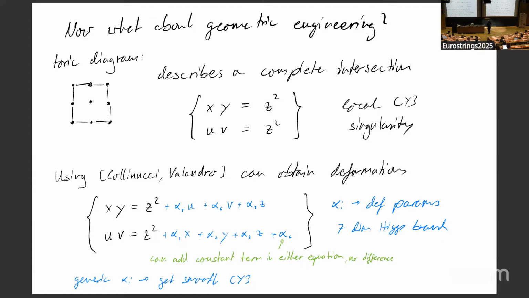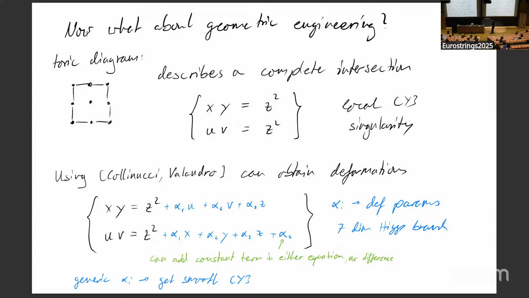And now, as I already briefly mentioned at the start, the Higgs branch is captured in geometric engineering by looking at deformations of the singularity, as opposed to resolutions, which capture the Coulomb branch. Now, we can actually write down a complete set of deformations of the singularity using results from Collinucci and Valandro. This is what we have down here.